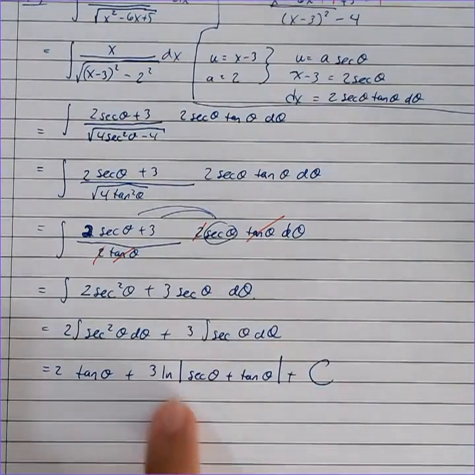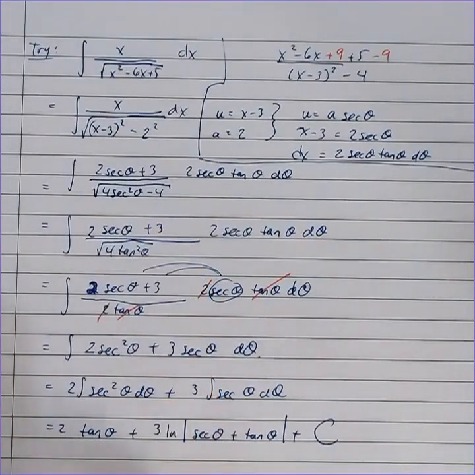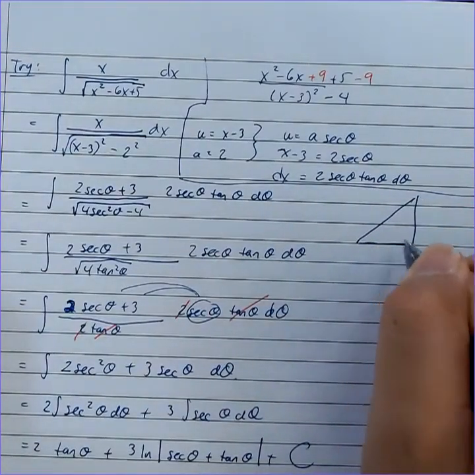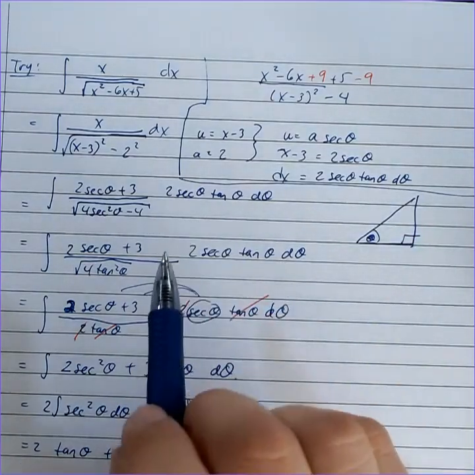So now we are done with the integration of the trig expression here. But now we need to convert everything back into the original variable of x. So that's where our triangle comes in. That's theta. That's a 90-degree angle. All right.